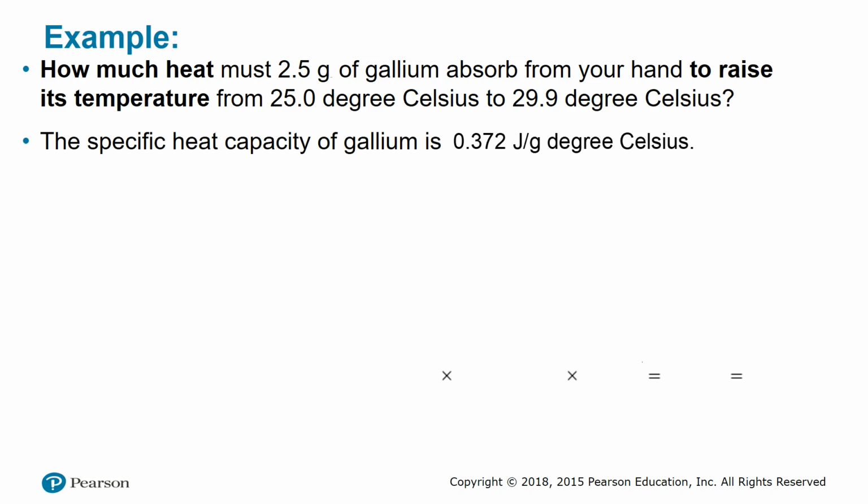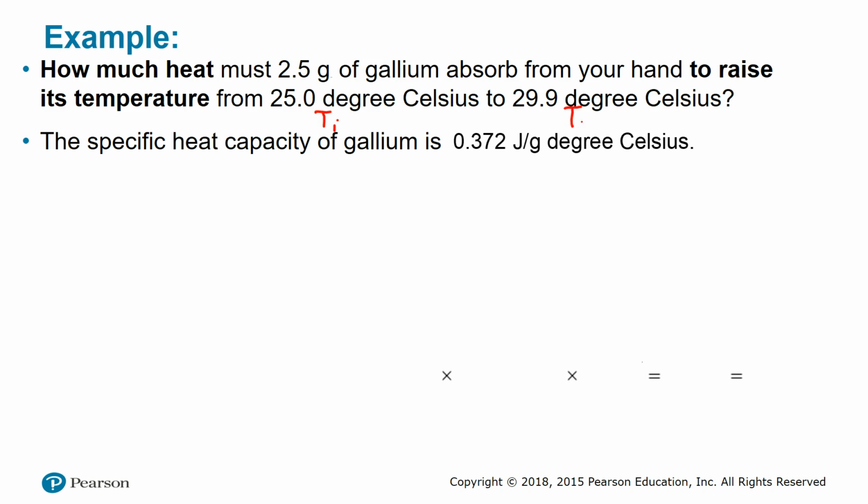So let's look at what information we have. Specifically, what is this question asking us to solve for? Well, this would represent our TI, and this would represent our TF.